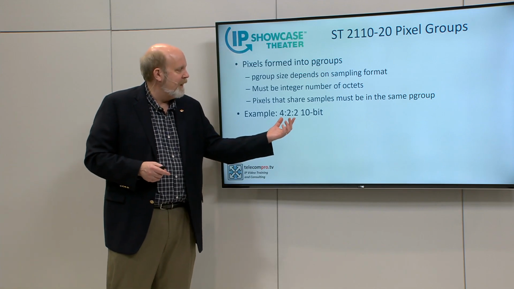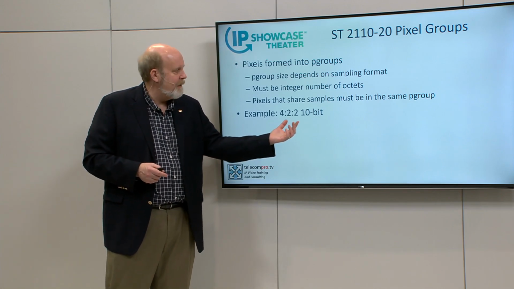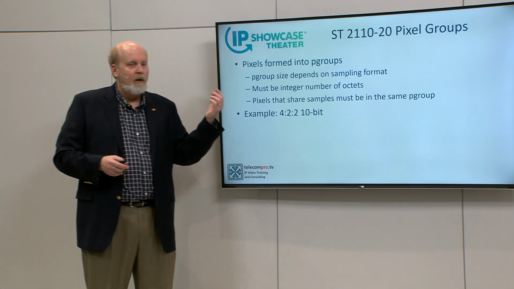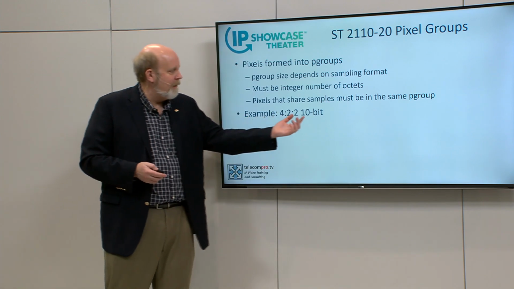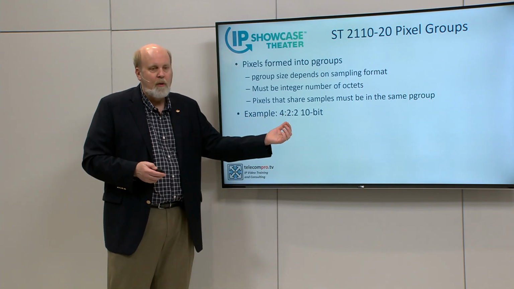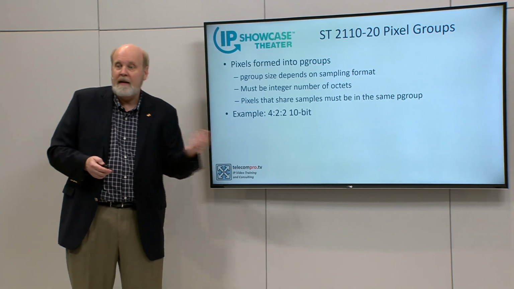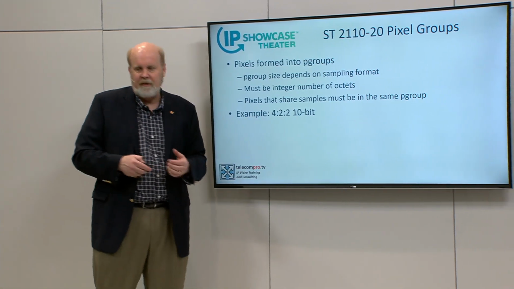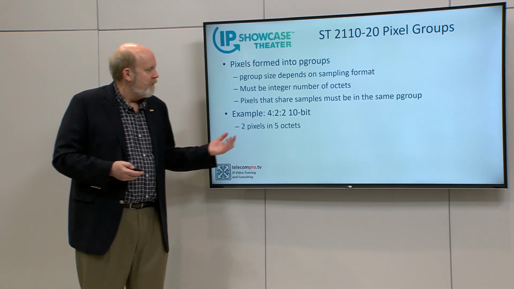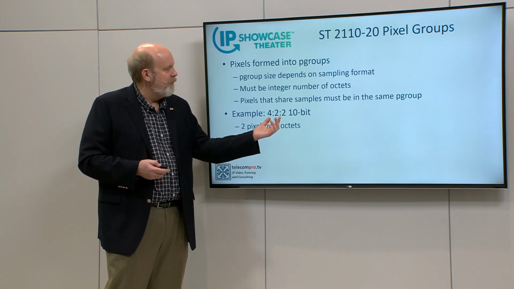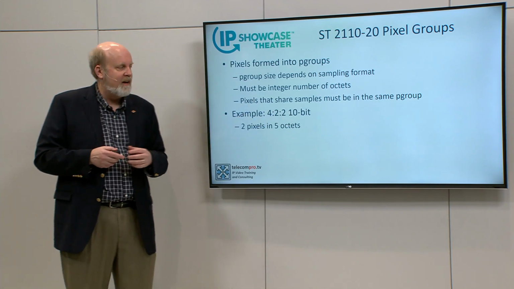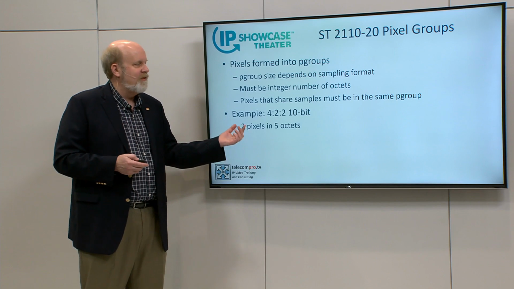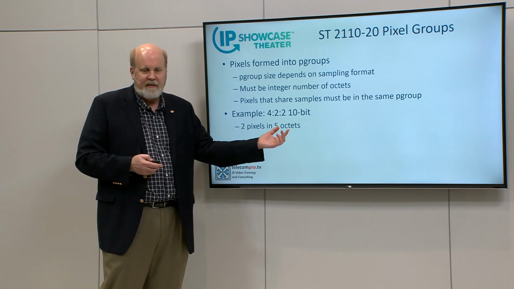So here with 422 10-bit, we're carrying Luma samples, each at 10 bits each, and we're also carrying chroma samples. But we don't take as many chroma samples as we have Luma samples. We undersample. So with 422 10-bit, if we look in the standard, we see that it says a P group is 2 pixels and 5 octets.